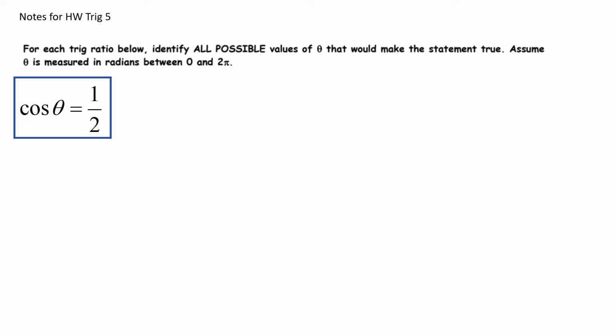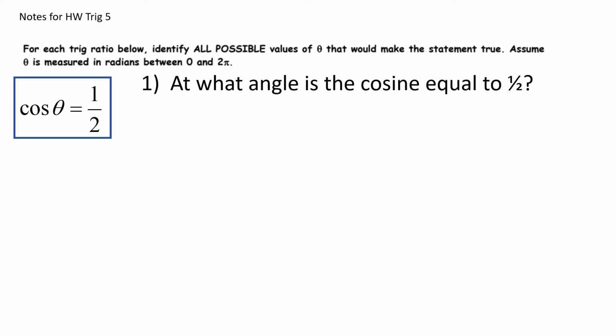So let's see how we would do this. Again, we're not going to use our calculator. We're not going to use our notes. So the first question you have to ask yourself is, at what angle is the cosine equal to a half? And this is where memorizing those 30, 60, 90 and 45, 45, 90 values is important.